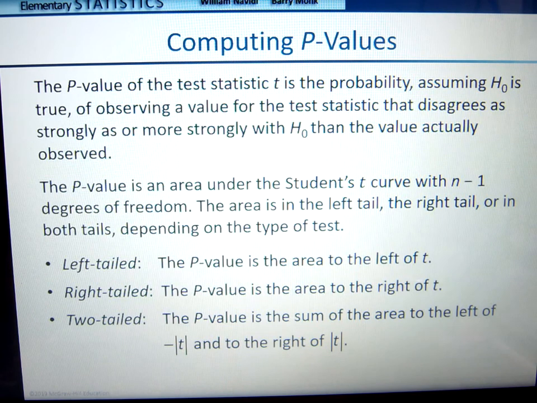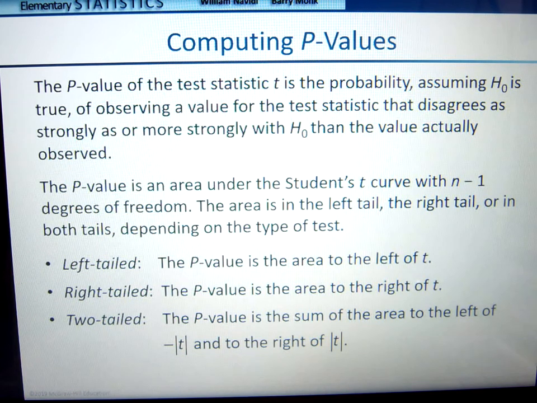The p-value of this test statistic is the probability, assuming that the null is true, of observing a value for a test statistic that disagrees as strongly or more strongly with the null hypothesis than the value actually observed. The p-value is an area under the Student's t-curve with n-1 degrees of freedom.